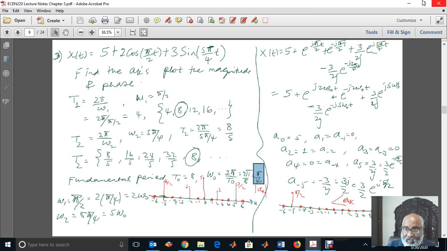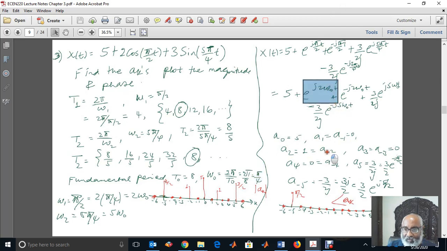So when we write it this way, then we will find the corresponding ak's, okay? Because now the DC part is 5, and is there a1? To know whether there is a1 or a minus 1, is there a term with e to the power j omega naught t? We don't have. So a1, a minus 1 are 0. A2 is the coefficient of e to the power of j 2 omega naught t.